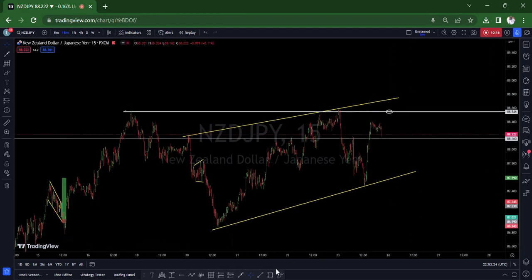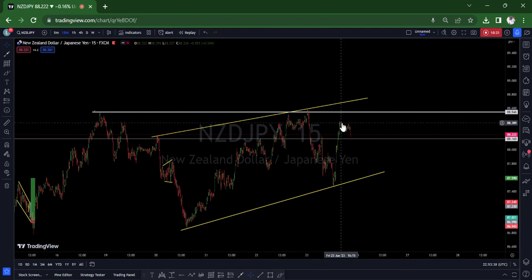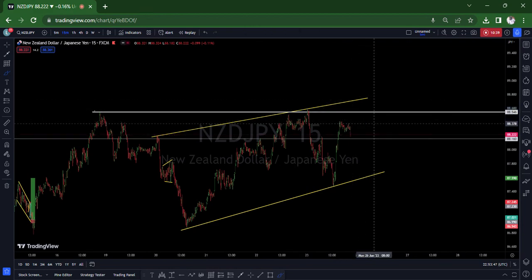What would I see that would make me take this trade? What would be my confidence factor for me to take this trade? One, I'm not going to snipe the entry because now it's actually in a critical position.